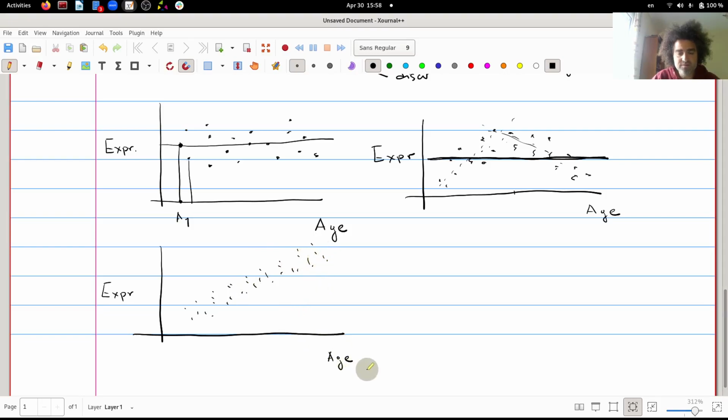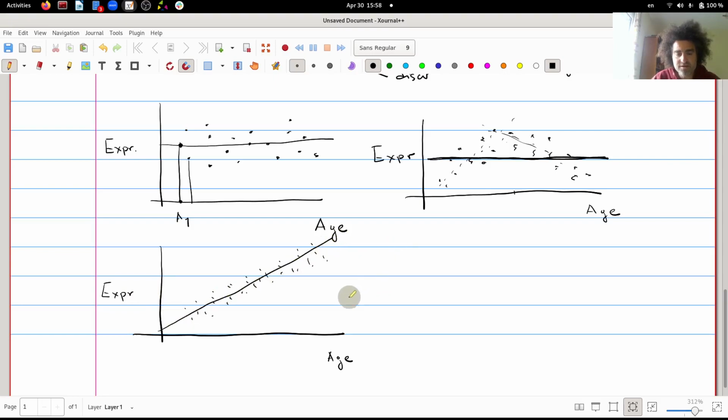We have several individuals with these ages, and what we observe is that there is a tendency for the expression level to increase as a person gets older. Now if we are forced to fit a single line here, it will probably be something like that, a line that passes through the points, and what it tells us is exactly that when the age increases, the expression value increases linearly.